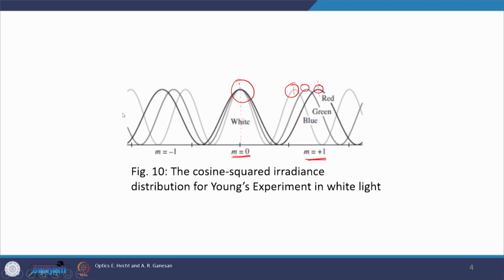Similarly, on the other side the same thing is followed: first blue will appear, then green and then red. As you move away from the center, the separation between different color maxima increases. But if we move further, we will again see a white light effulgence, because all these colors start to mix.